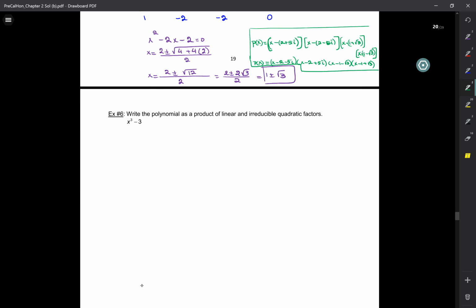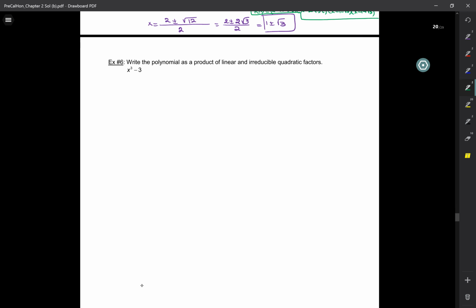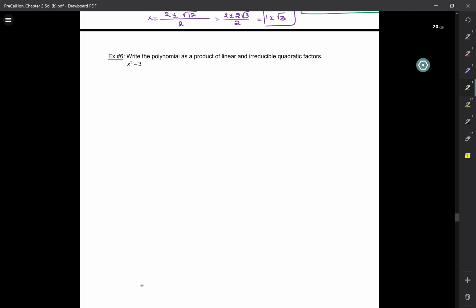All right, next one. So it says to write this as the product of linear and irreducible quadratic factors. Fine. Let's do p over q. P is plus or minus 1, plus or minus 3. Q is plus or minus 1. When we do p over q, we get plus or minus 1, plus or minus 3, and now you do your synthetic division.